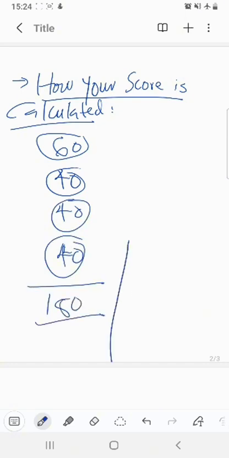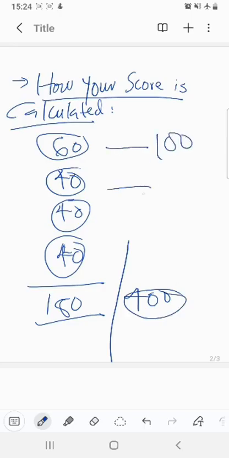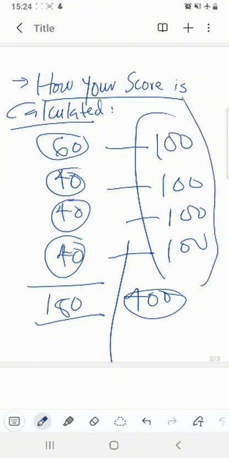But JAMB will score us over 400 because what you score here will give us 100, what you score here will also give us 100, and 100, all together is 400. Now we want to know how JAMB calculates this score to give us a total of 100. And this is very important.